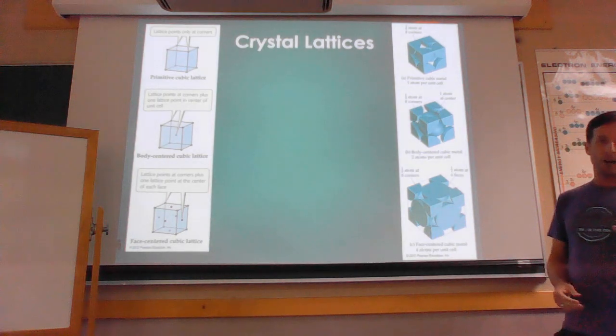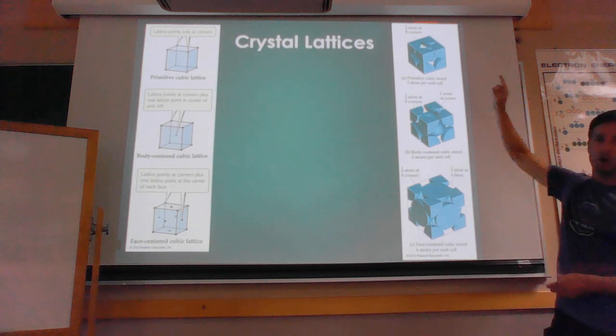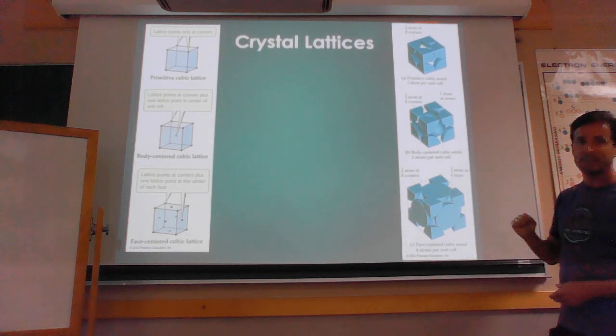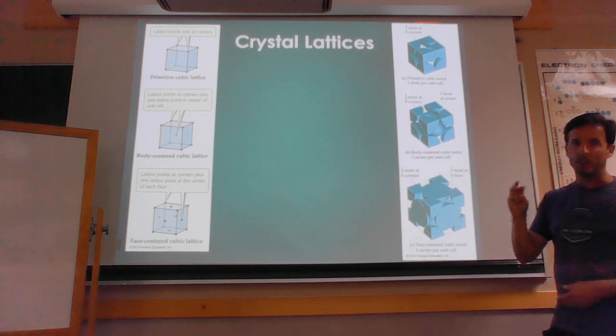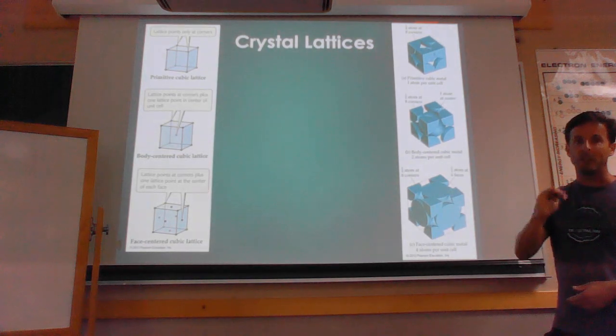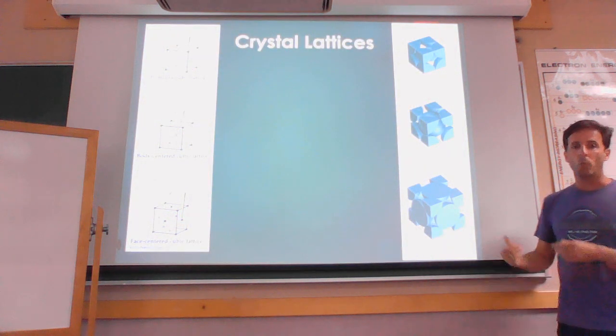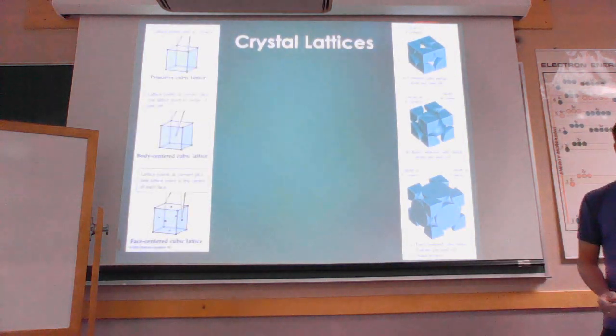So if you want to memorize, simple cubic is always 1 atom inside the cell, body-centered is always 2 atoms inside the cell, and then face-centered is always 4 atoms inside the cell. That is the information we're going to need when we get into the problems at the end of this PowerPoint.